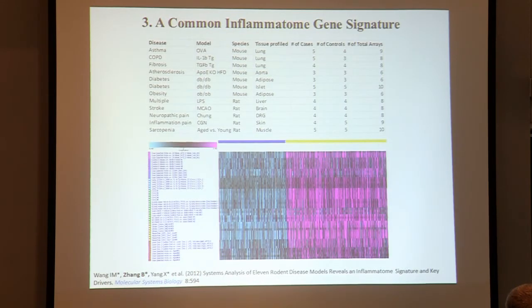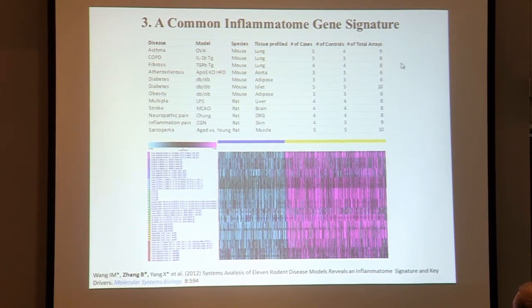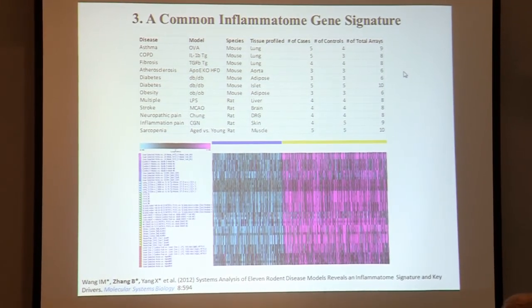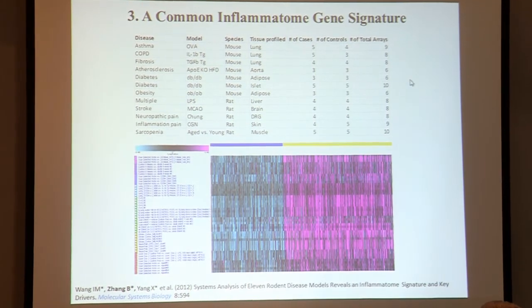And more recent work is about the integration of a signature and a Bayesian network. The signature and the networks were identified completely independently.